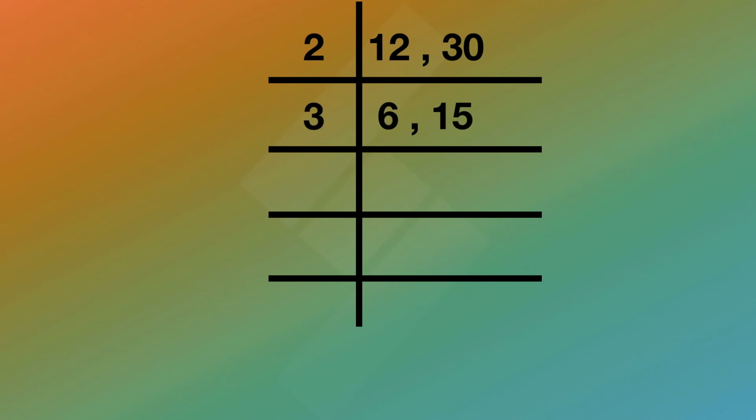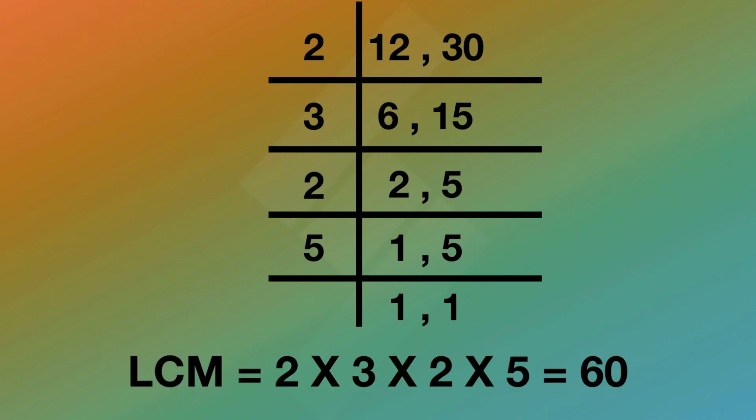Now 6 and 15 can be divided again by 3 to get 2 and 5. Now 2 and 5 don't have any common prime number between them. Thus, considering all the prime factors together, the LCM will be 2 into 3 into 2 into 5, that is equal to 60.